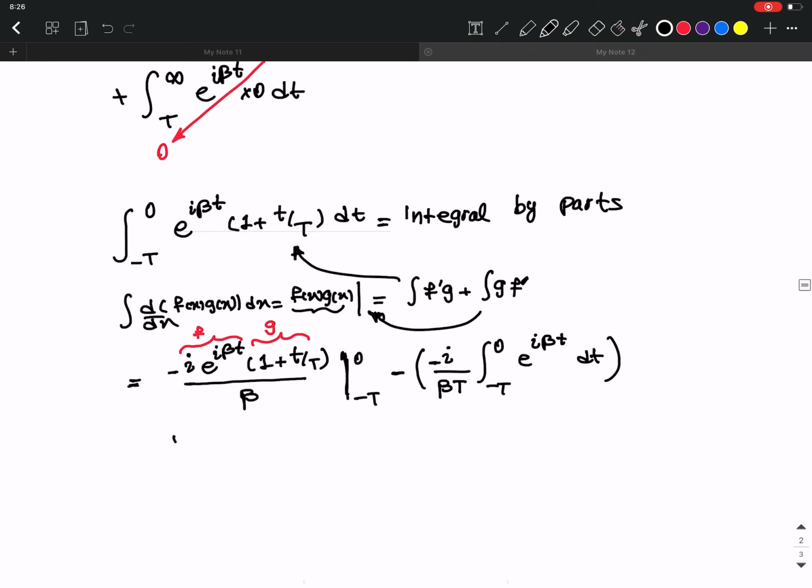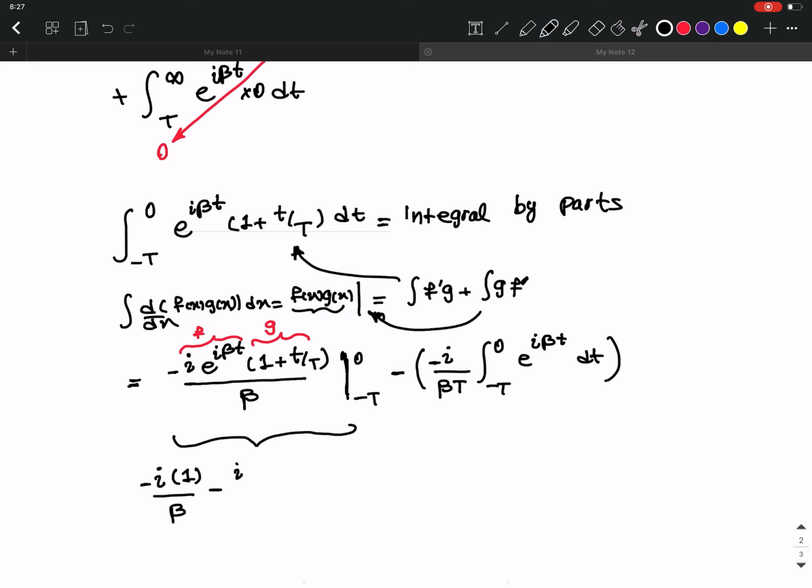So let's evaluate this. If I want to evaluate it at 0 and minus t, at 0 it's going to be minus i times e to the i beta times 0, so it's going to be 1, times 1 plus 0, so it's just 1, over beta, and minus evaluated at minus t.